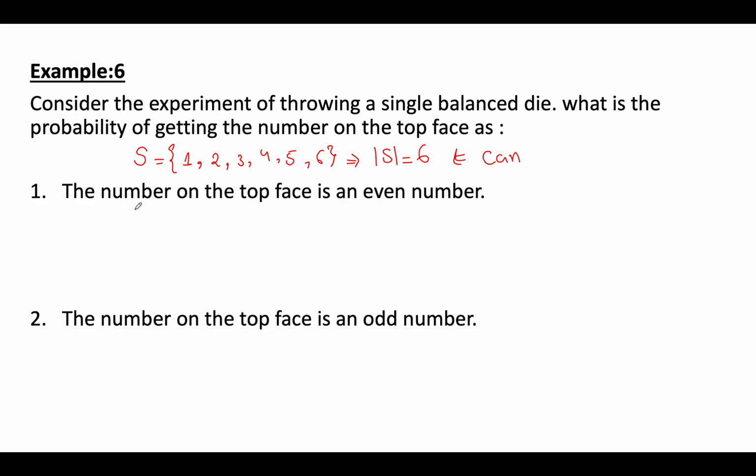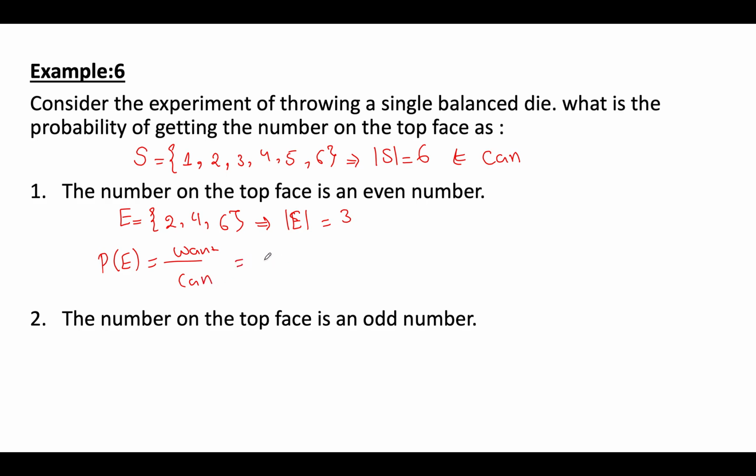Now, in order to find the probability that the number on the top face is an even number, I need first to find E. So E is equal to all the possible even numbers, either 2 or 4 or 6, so the number of sample points in this event E is equal to 3. Now the probability of E is equal to want over can.